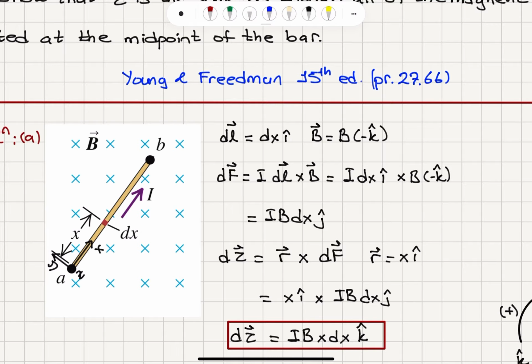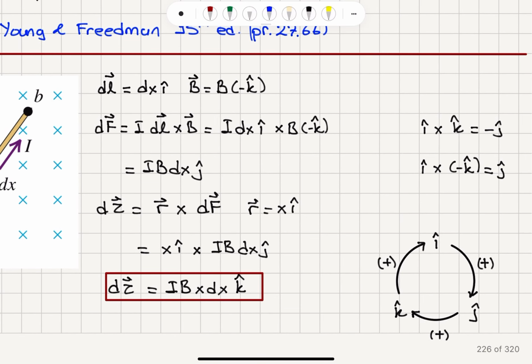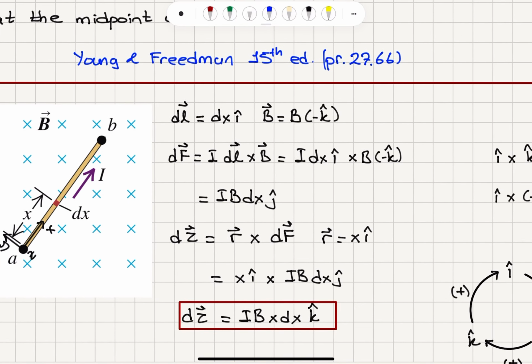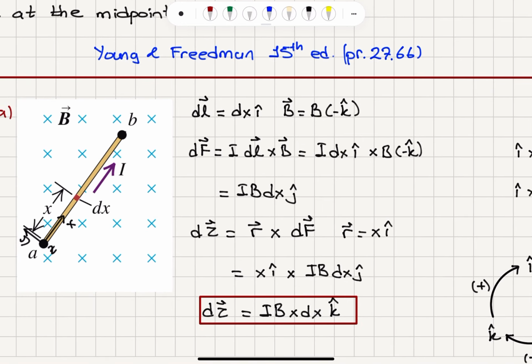So i hat cross minus k hat is j hat, so I B dx j hat. The torque is R cross df. R is the position vector of the line element with respect to the pivot point. It is x i hat, cross product with I B dx j hat. That gives me I B x dx k hat. i hat cross j hat is k hat.